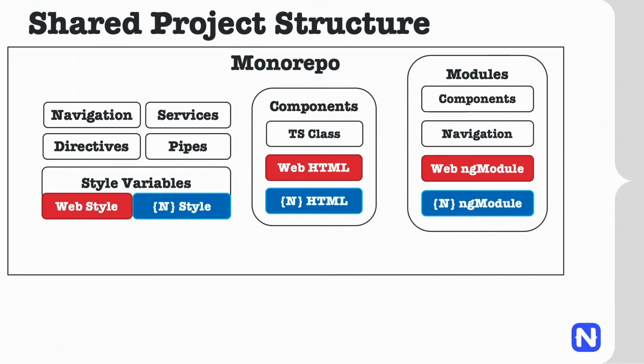They can share even the navigation inside the module, but you would probably have two separate implementations of what goes into the ng module. And this is actually really handy if, for example, you want to use Angular Material for the web, but you want to use NativeScript UI Pro components for NativeScript, right? So you have two separate places to import them, which is pretty cool.